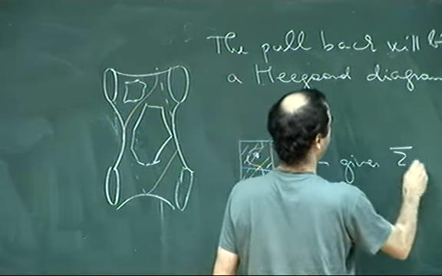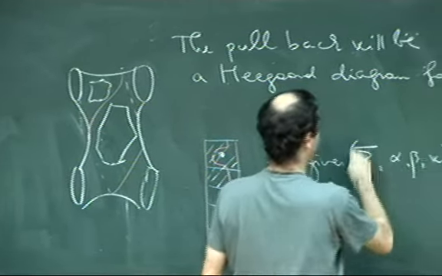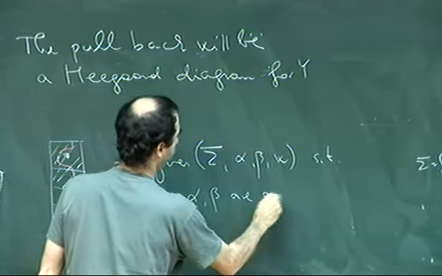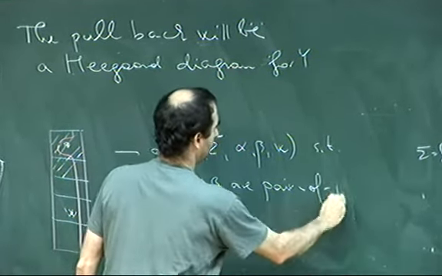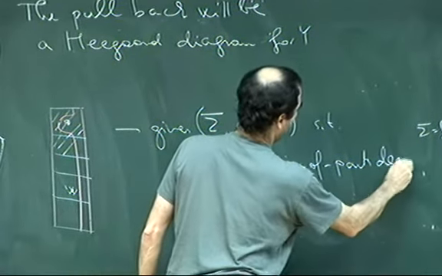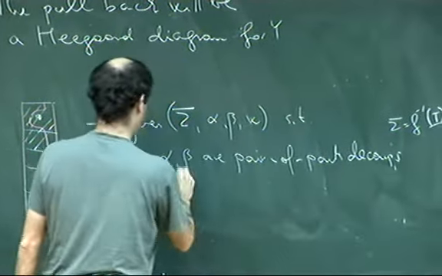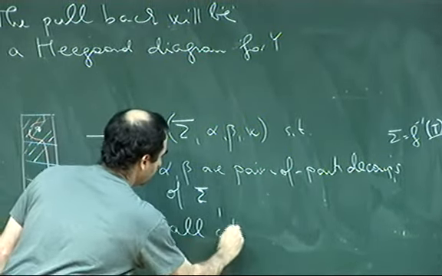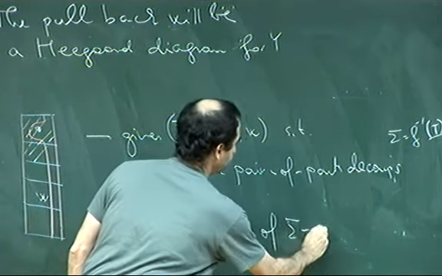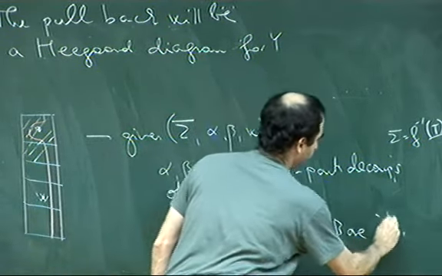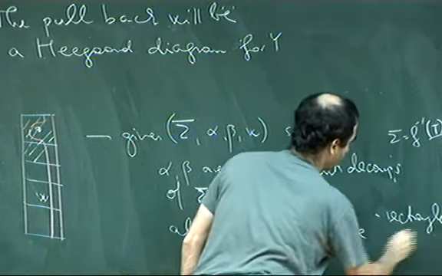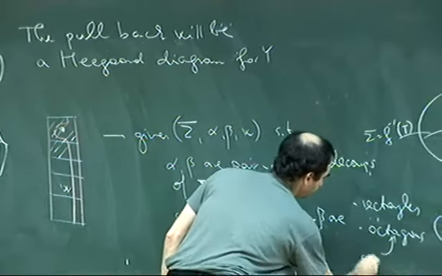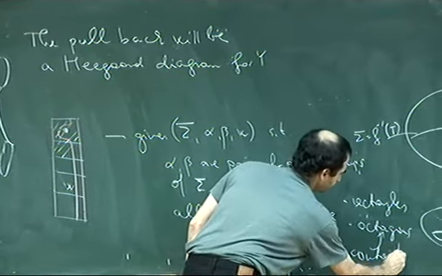sigma, alpha, beta, w such that alpha and beta are pairs of Heegaard decompositions of sigma, and all components of sigma minus alpha minus beta are rectangles or octagons, and these contain base points.